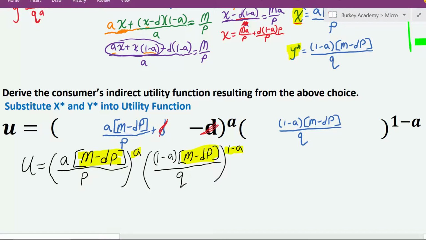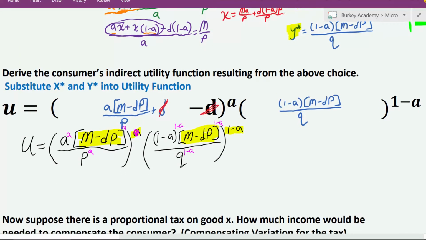And then I'm just going to distribute the exponent to the other things inside the parentheses here, right? So 1 minus a, 1 minus a, 1 minus a power. And when we do all that and simplify it down, we're left with this.